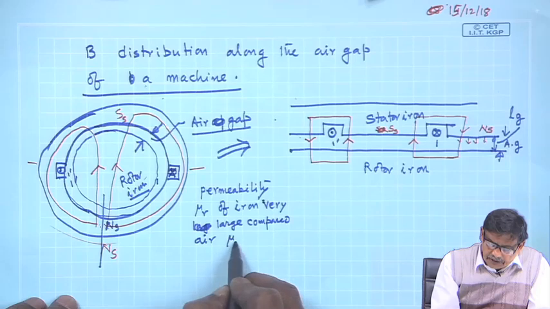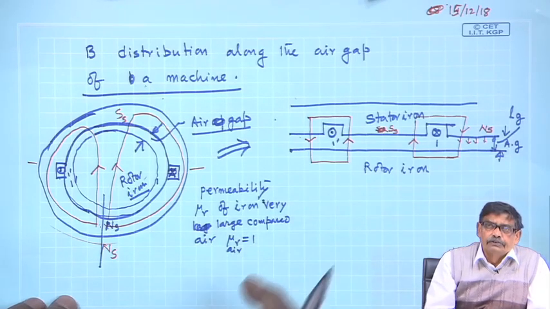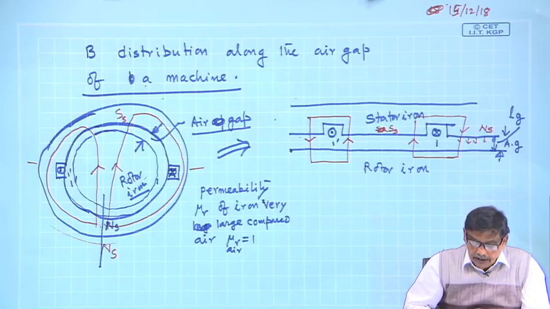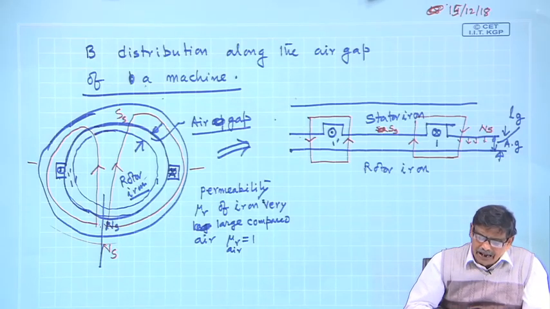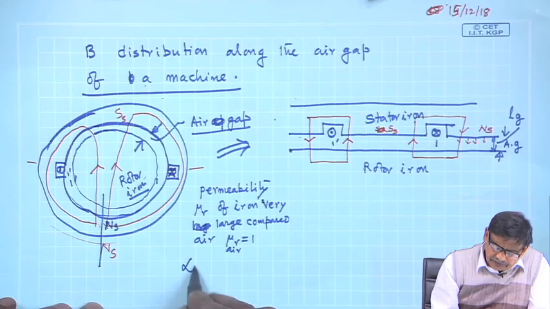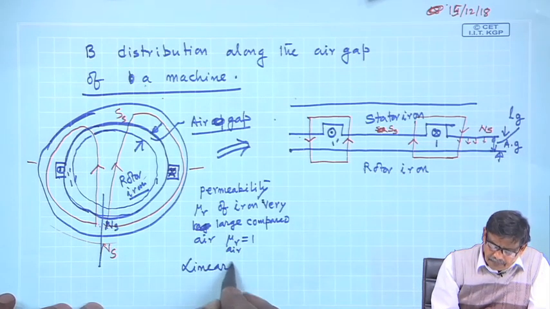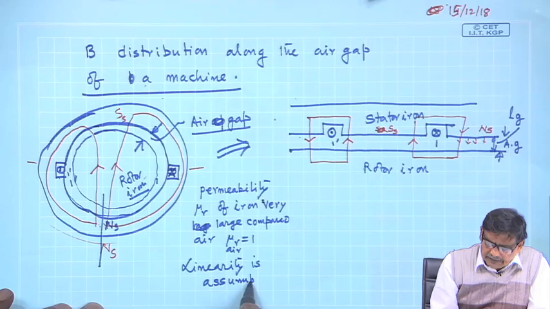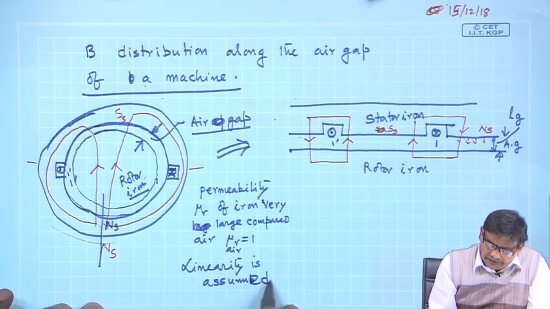For air, mu r is 1, we assume approximately 1. So, mu r of iron is very high, and I will neglect saturation, and linearity is assumed. These are the two assumptions I make.